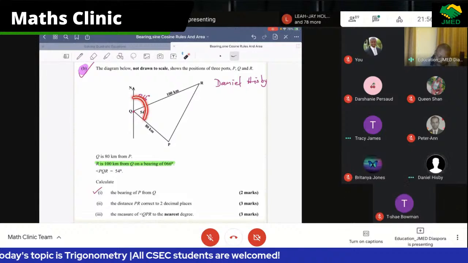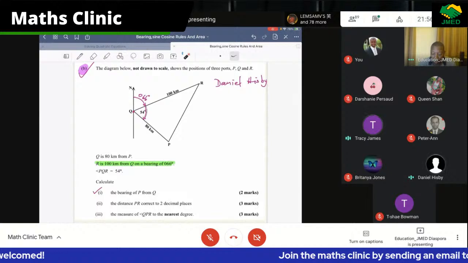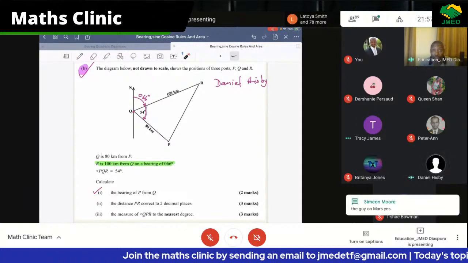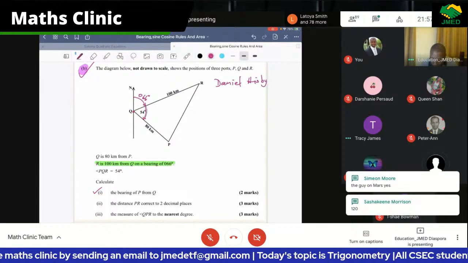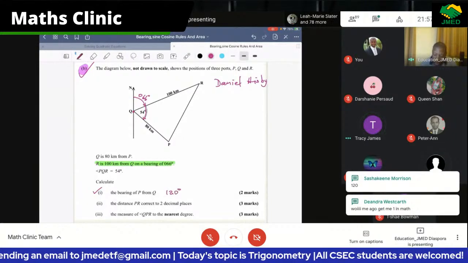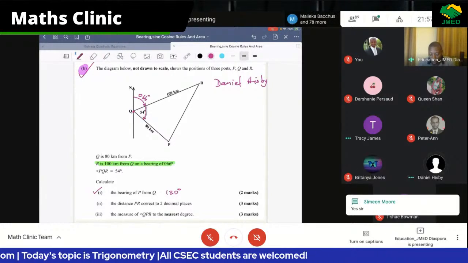That would be the 66 plus the 54. And 66 plus 54, I think that would be 120 degrees. Last time I checked. So the bearing of P from Q would be 120 degrees.